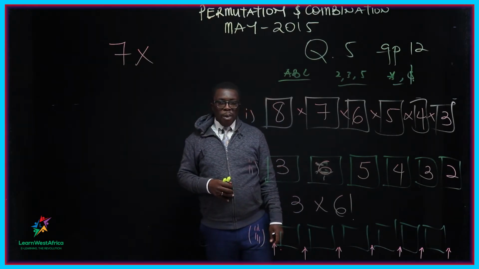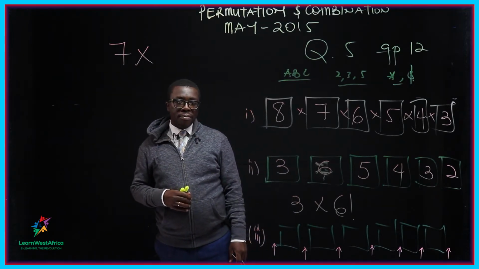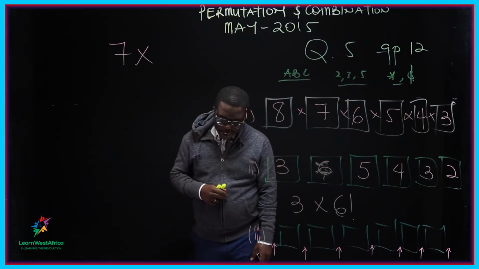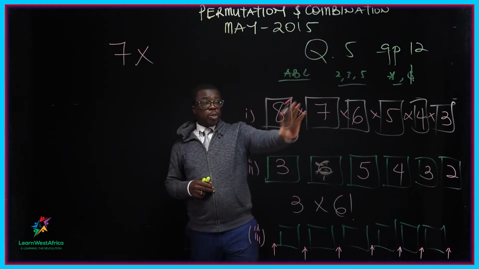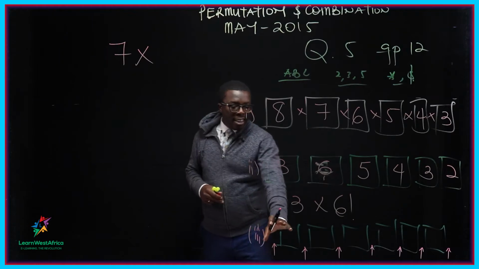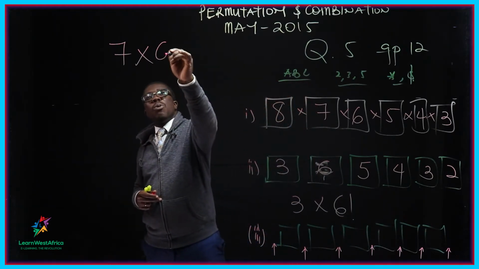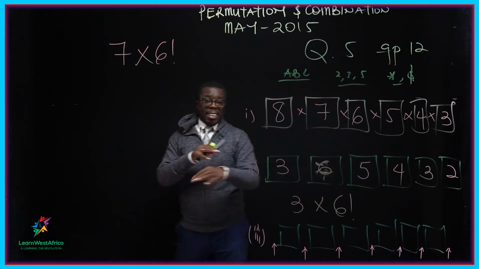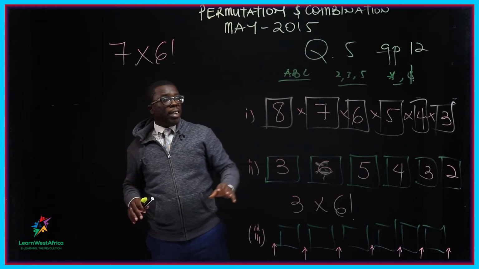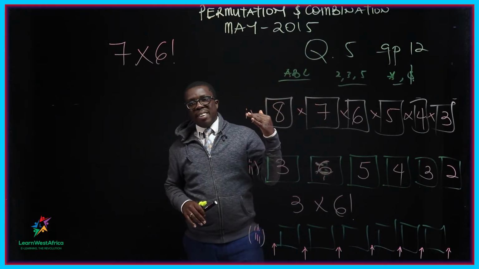Okay. Now let's look at it. What happens then? So there are 7 ways in which the 2 symbols could fit. Then the remaining arrangement could also be done in 6 factorial ways. Remember, we said that factorial means that when you take the 2 symbols out, the remaining 6 could be arranged in any way at all.